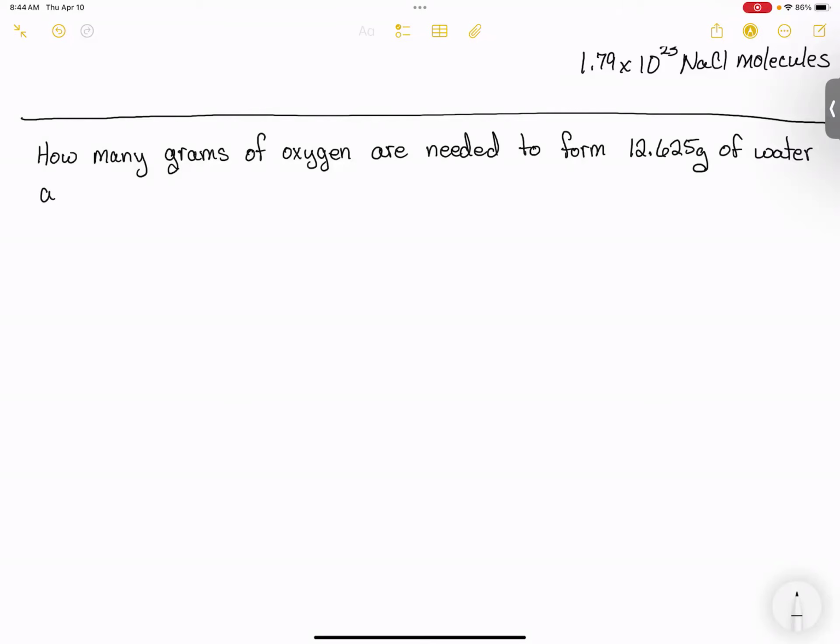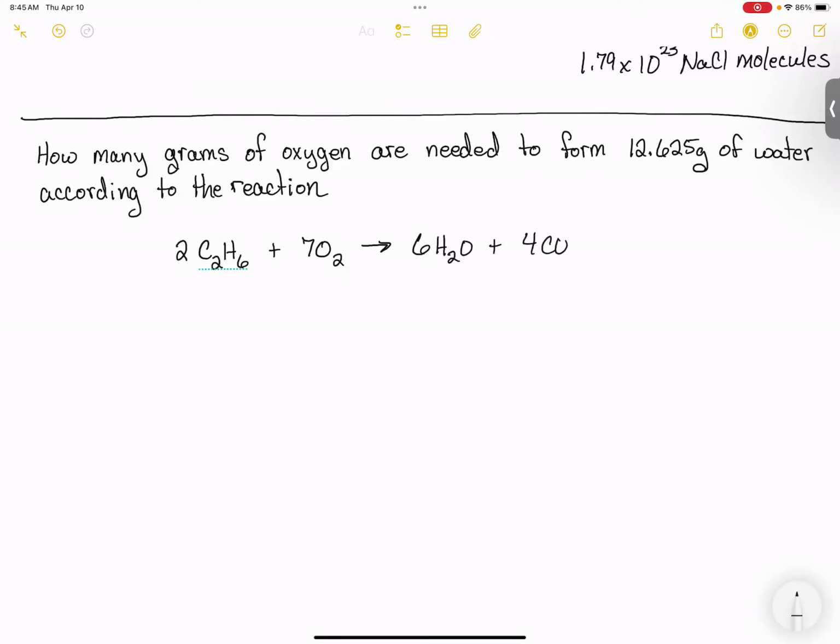According to the equation, where 2 ethanes are burned in the presence of 7 oxygens to form 6 waters and 4 carbon dioxides.